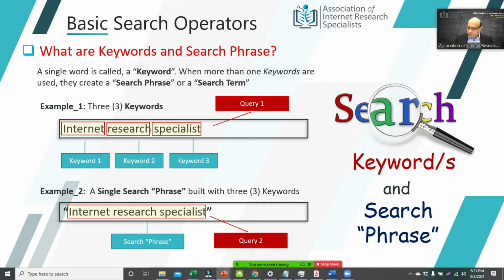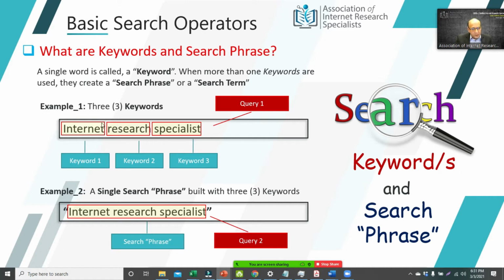So let's just look at this slide. And Bonnie, don't worry about the box here. We have not put the brackets on either side of it, but we have actually used a box to simulate a real box. And then the search term, the three words internet research specialists, are considered independent single keywords put together.